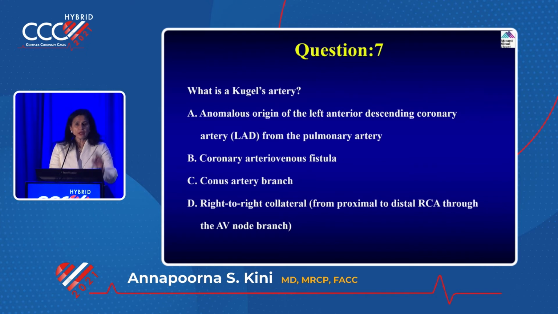So now, sinoatrial, right? The atrial part connects to the AV nodal branch. AV nodal branch usually comes from the AV continuation. So that connection is right to right collateral. So many times, if you have that collateral and you have a mid RCA occluded, you may not want dual injection, but you just have to be careful because you have right to right collaterals that are filling.